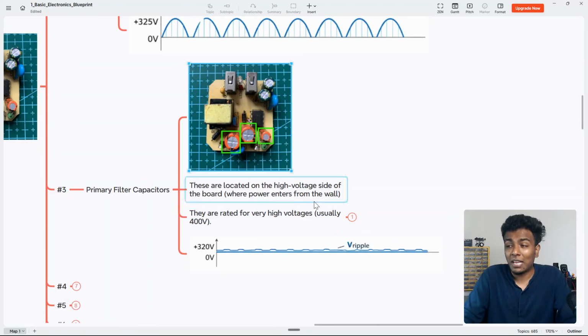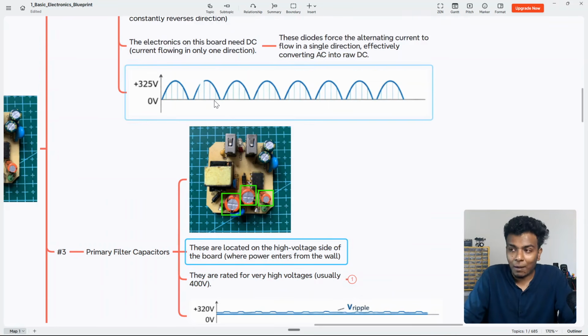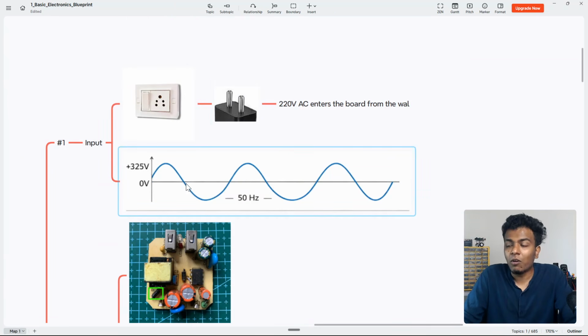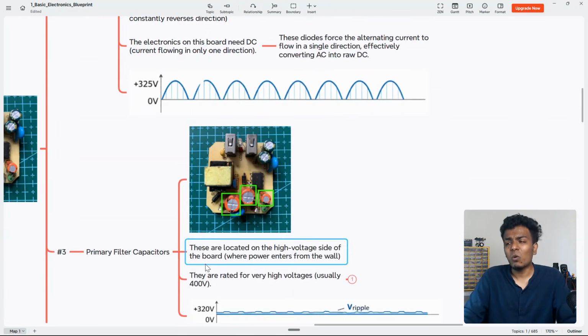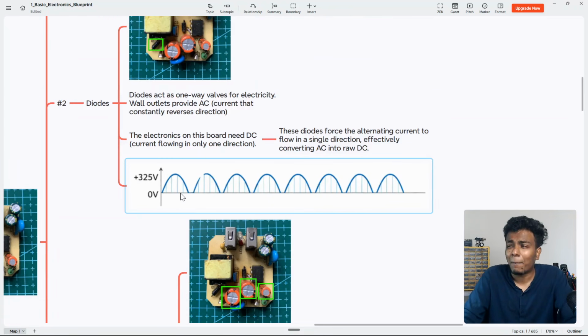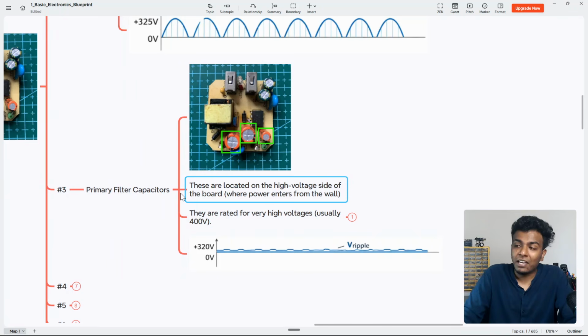On the high voltage side, they help filter the signal, because when you apply a diode in the process of converting AC to DC, it removes all the negative clips. That's okay, but that is not a proper DC. It is going to be a pulsating DC. So we need to convert it to the next stage to have somewhat proper voltages.